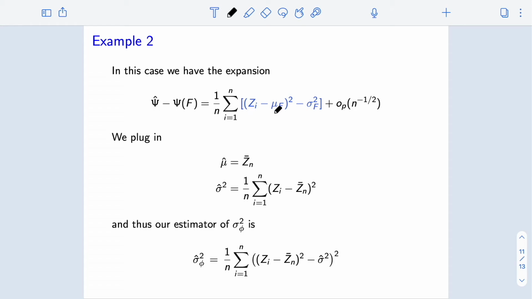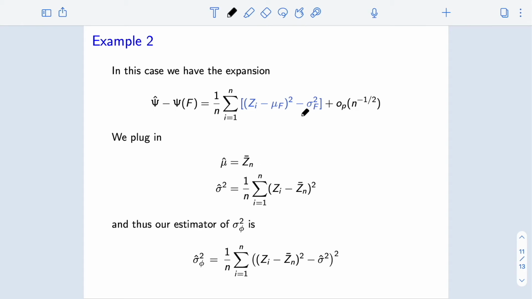Again, we don't know this mu sub f or sigma squared sub f. So what do we do? Again, we plug in best guesses for the parameters we don't know. So we get mu hat plugging in for mu sub f, and sigma hat squared plugging in for sigma squared sub f.